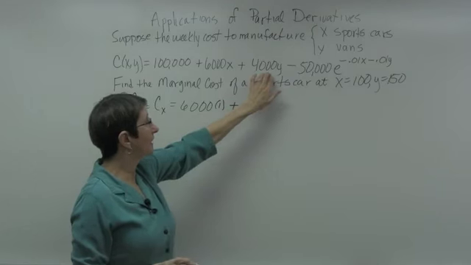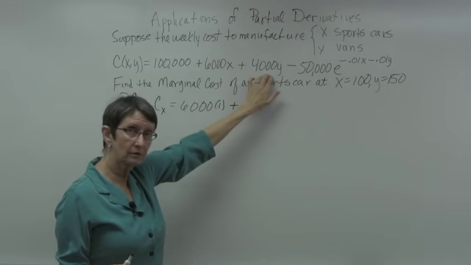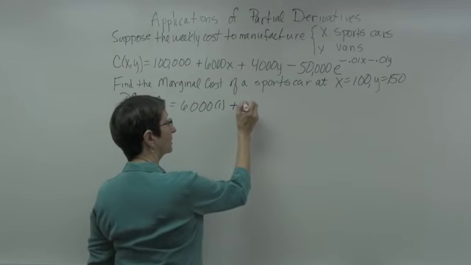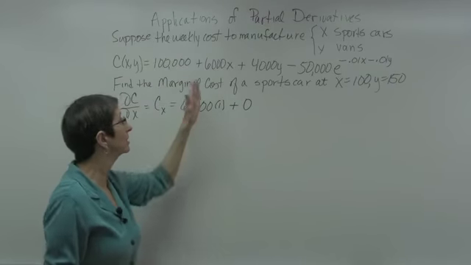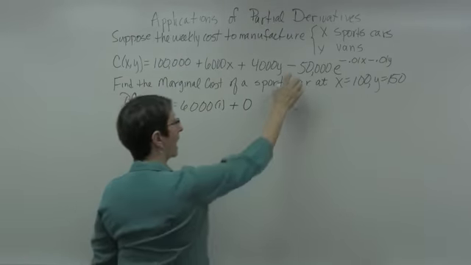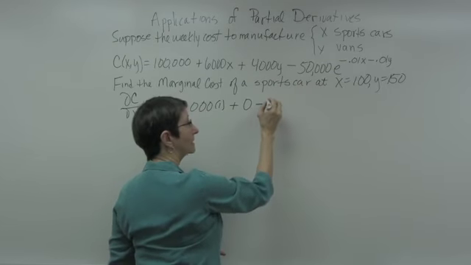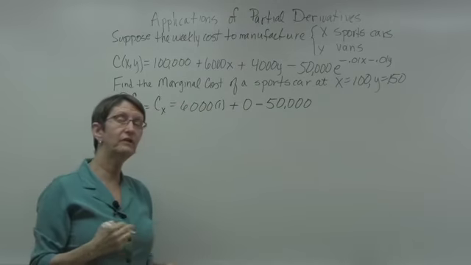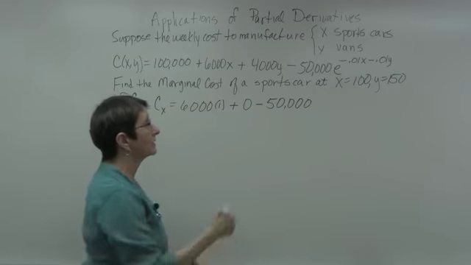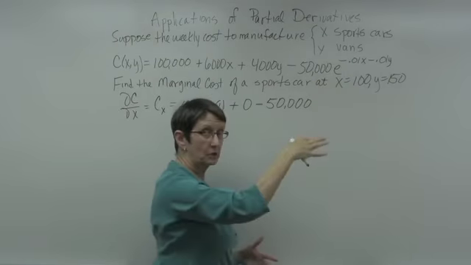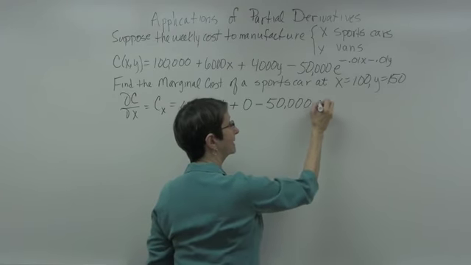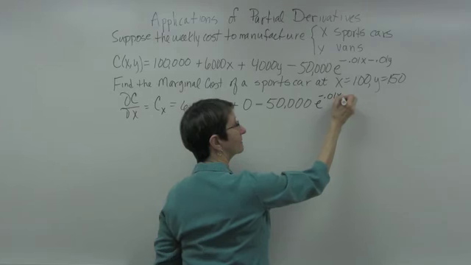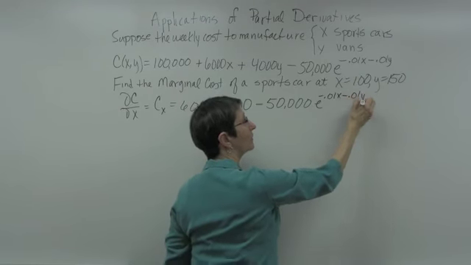Plus 4,000y, there's no x here, so this is a constant just like the 100,000 was. I'll go ahead and put in my 0 so you remember to check for that part. Minus 50,000 is a constant multiplier. And now I need the derivative of the exponential function. The derivative of any exponential, you do have the exponential in the answer, e to the negative 0.01x minus 0.01y.